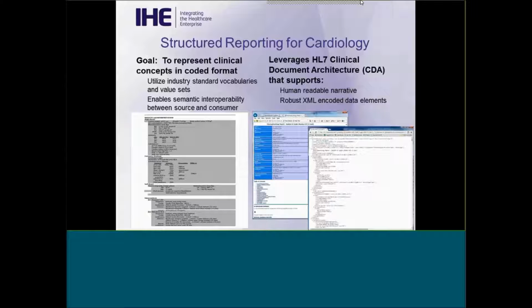And what enables us to do all this is the HL7 Clinical Document Architecture, CDA. This is the underlying technology standard that we've been using to define our content profiles.